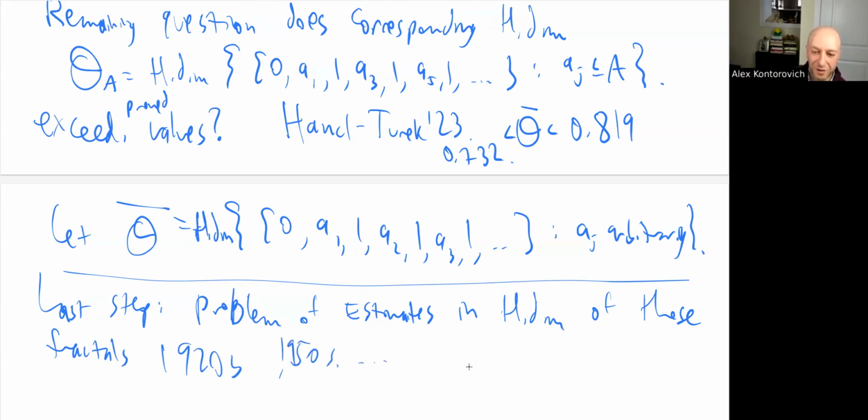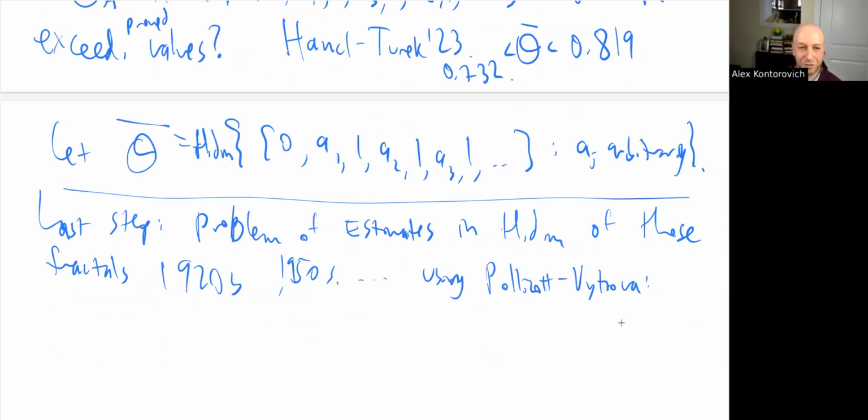Again, there's a very long sequence of progress, and using techniques of Pollicott and Vytnova, we were able to estimate this much more precisely. And the estimate is that it lies between 0.798 and 0.799, that's an upper bound.